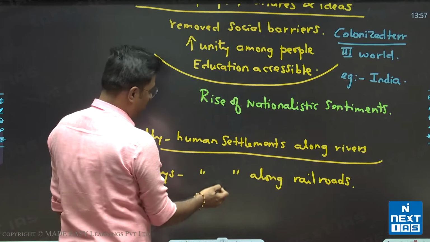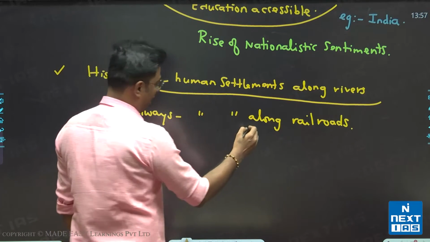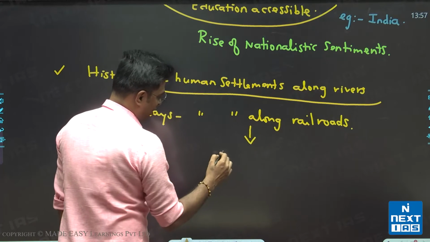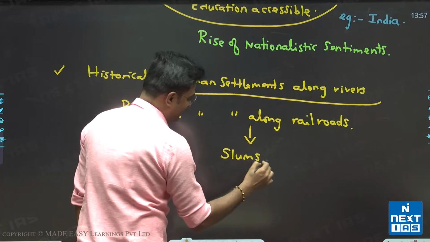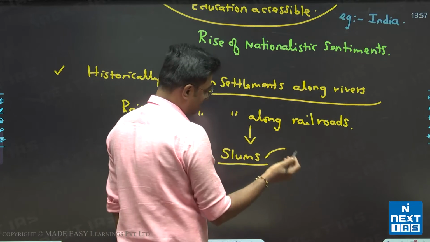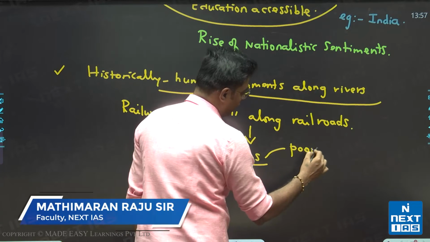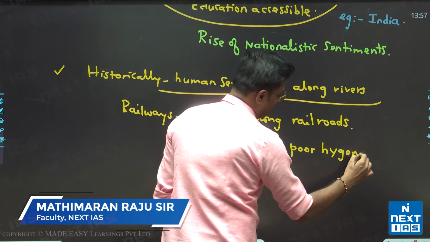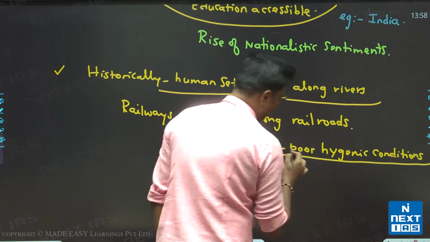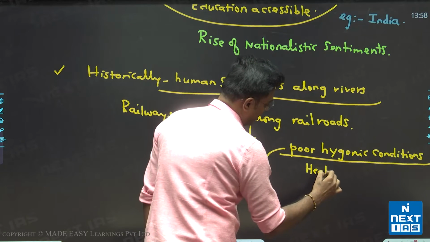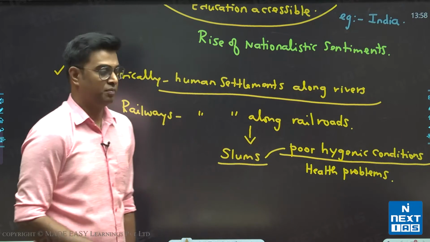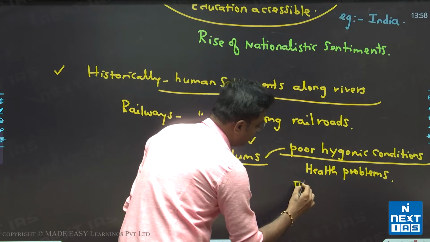But there was a problem. We can also highlight a negative effect through this problem. Such settlements essentially were slums, at least originally. The emergence of slums due to railway construction resulted in poor hygienic conditions, which created health problems in the future, particularly in the third world countries.